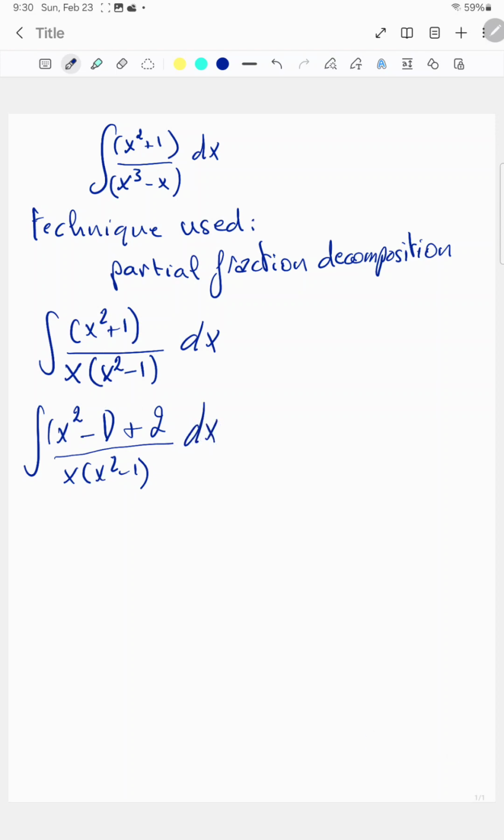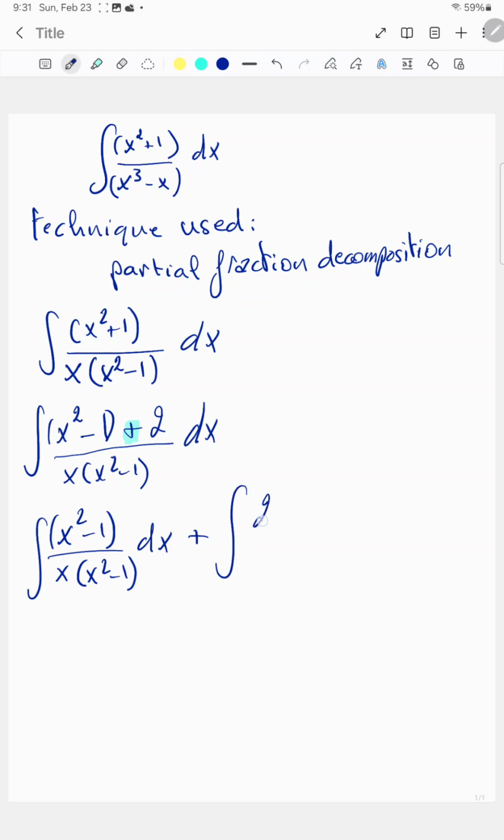And now, because of that plus, I can split my integral into two integrals. The first integral becomes the integral of (x^2 - 1) divided by x times (x^2 - 1) dx, plus the integral of 2 dx divided by x times (x^2 - 1).